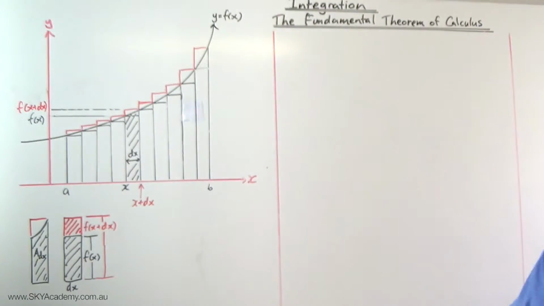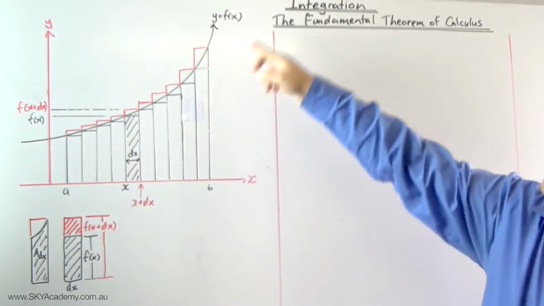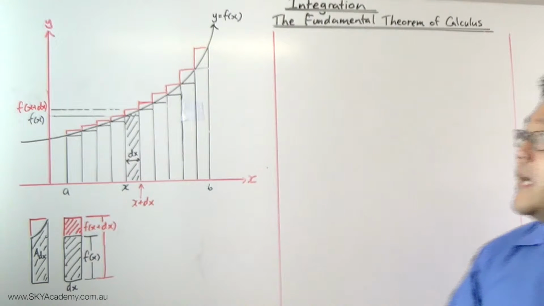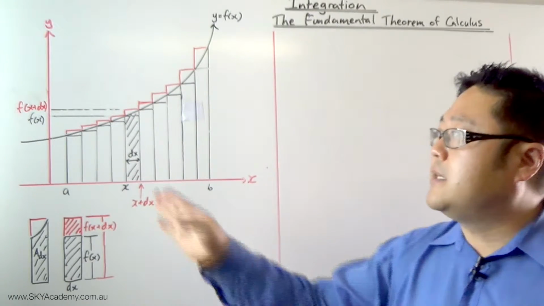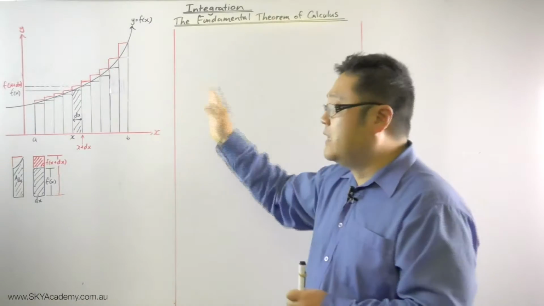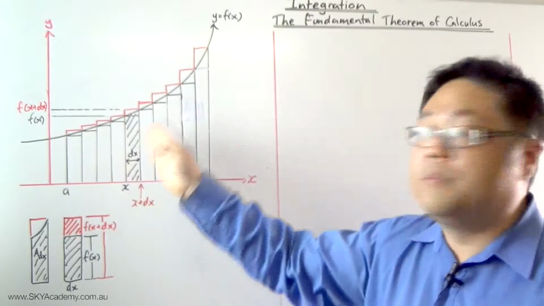Over here, I actually have a curve, y is equal to f of x, and it kind of looks like that. And if you notice, along this curve I've divided it up into little strips, right? So you've got a strip over here, strip over here, strip over here.